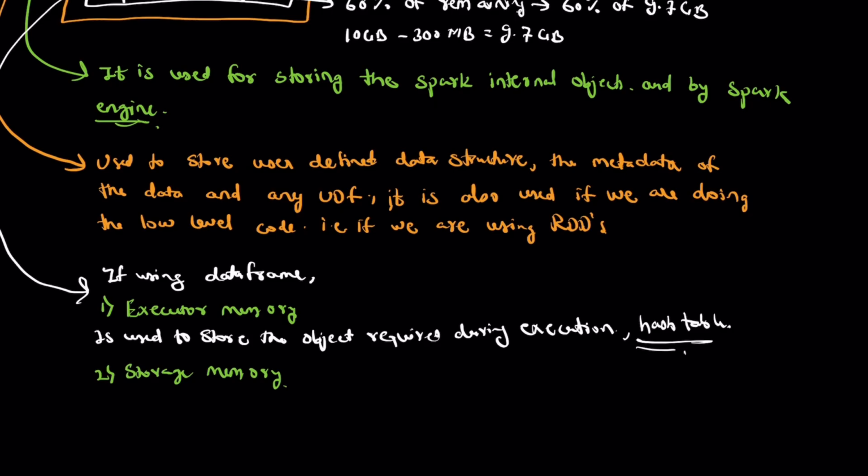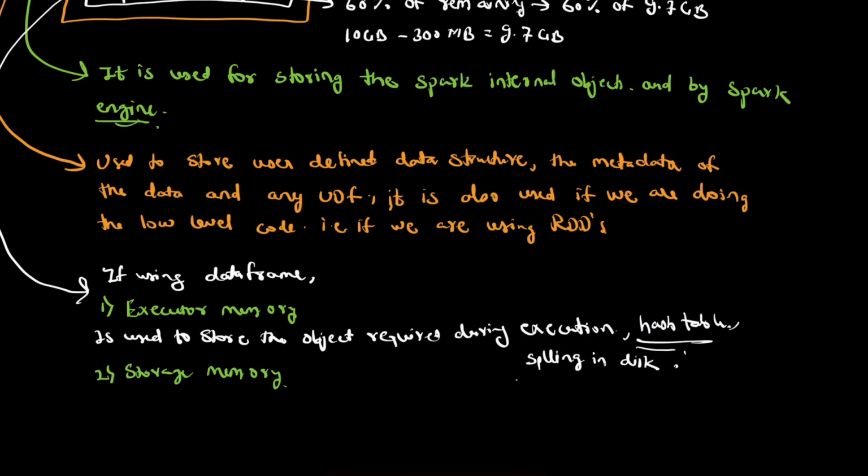I would highly recommend watching our shuffle hash join, shuffle sort join video to get an idea of what exactly a hash table is and how it is created. It is used for spilling to disk, and it is very short-lived. Once our operation is successful, it gets cleared out. So executor memory is cleared out after the execution.